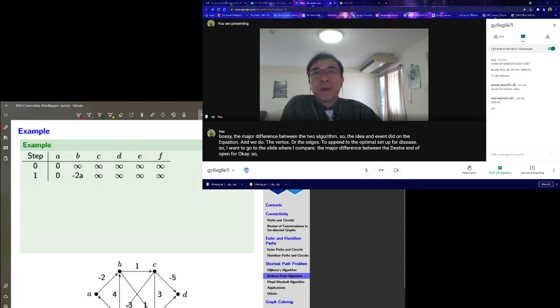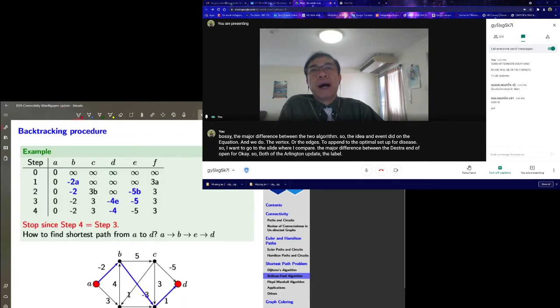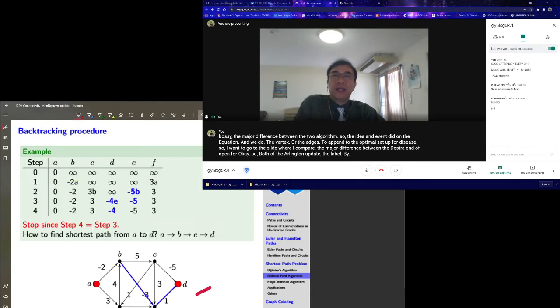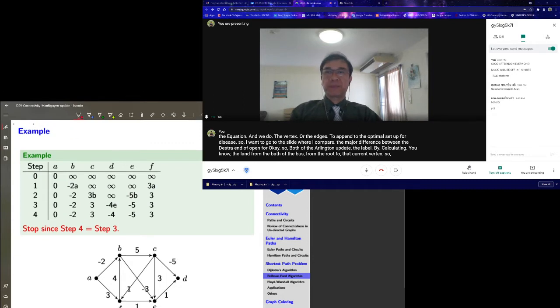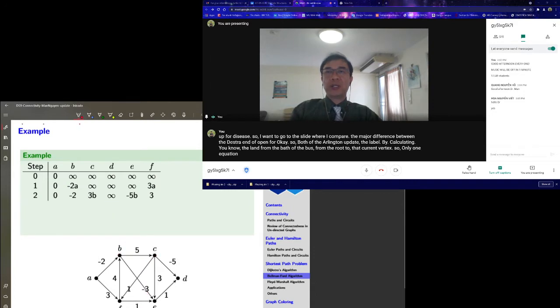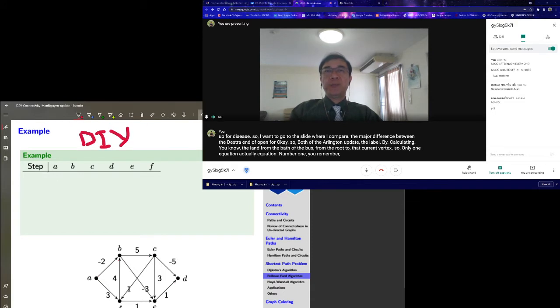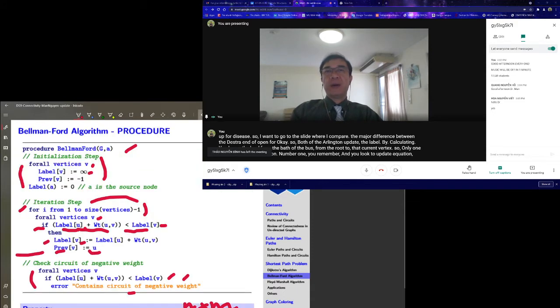Both of the algorithms update the label by calculating the length of the path from the root to the current vertex. Only one equation, actually, equation number one, you remember, and you look at the update equation and you see, well, it's almost the same.